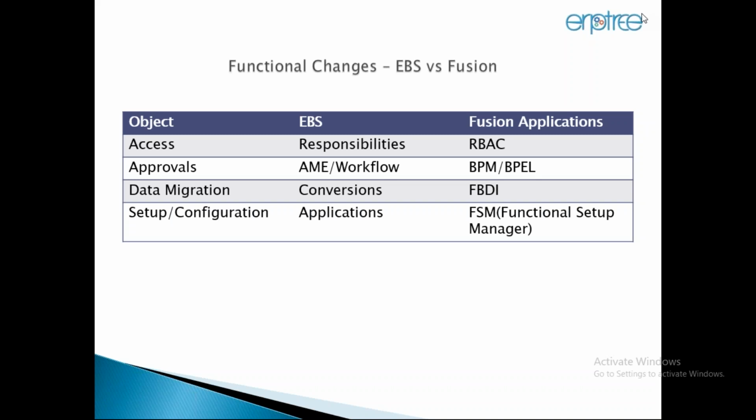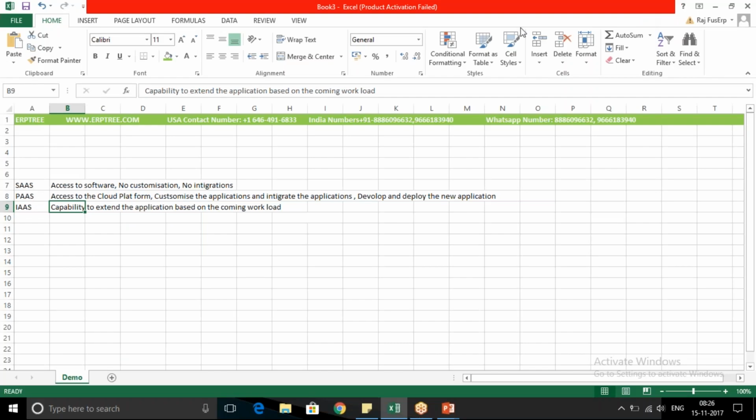Okay, so let me take you to that Excel file. When I say cloud, and I say Fusion: cloud is a platform for any application developer to host their applications on the cloud.